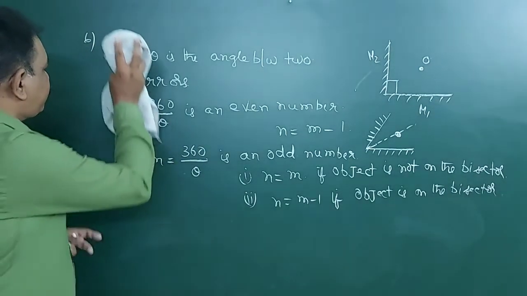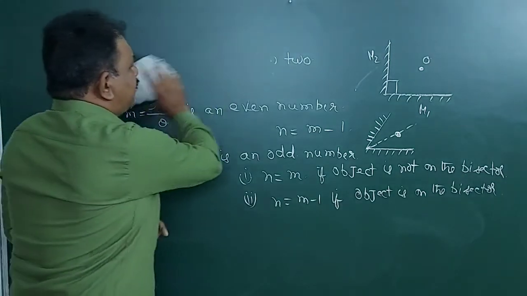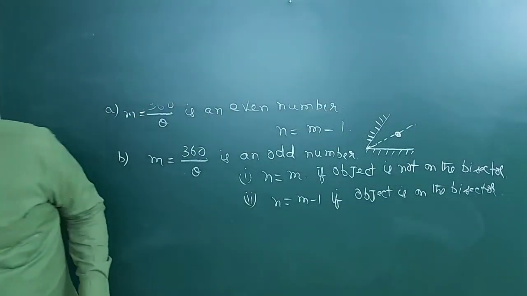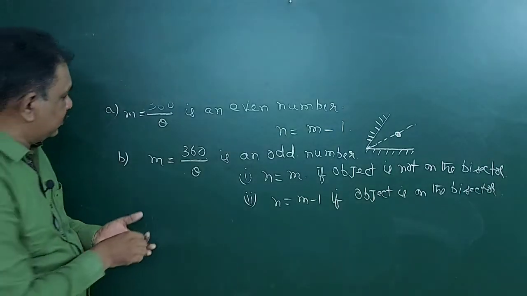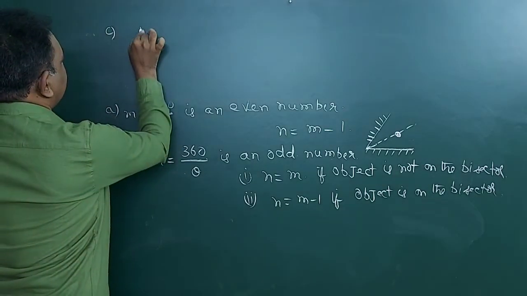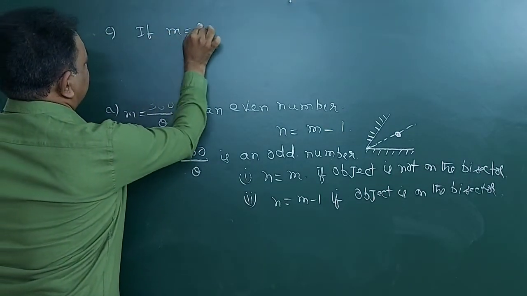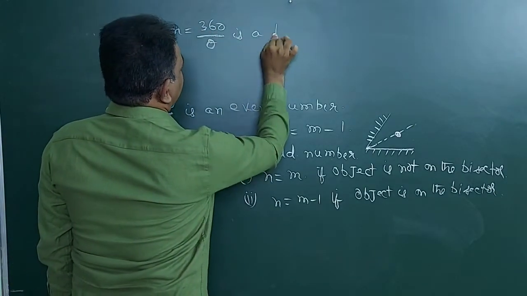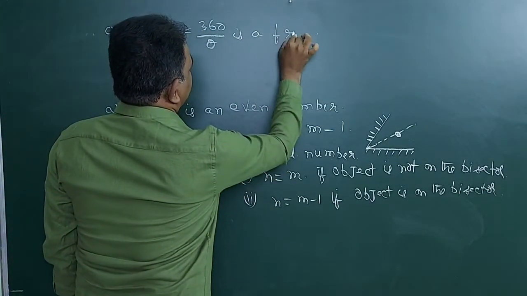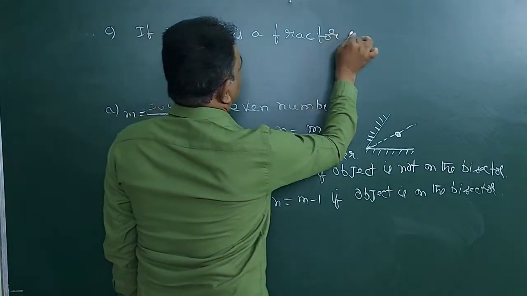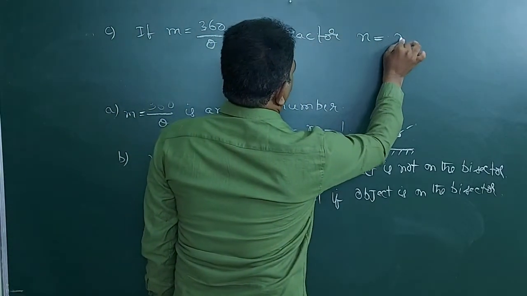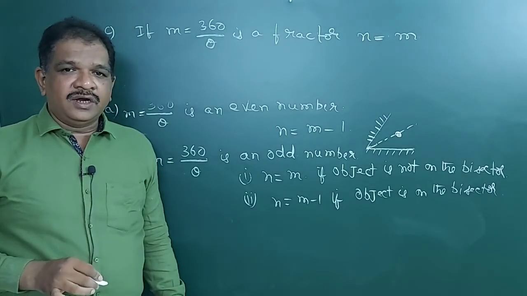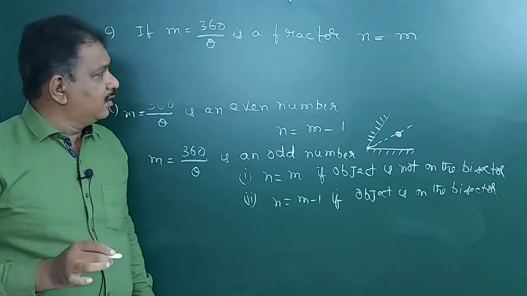If 360 by theta is not an integer, it is a fraction. If m is equal to 360 by theta is a fraction, then n is equal to m, the integer part we have to take. What is the meaning of this?